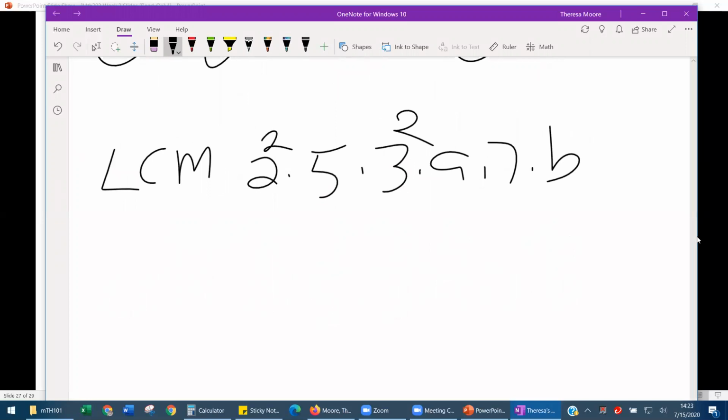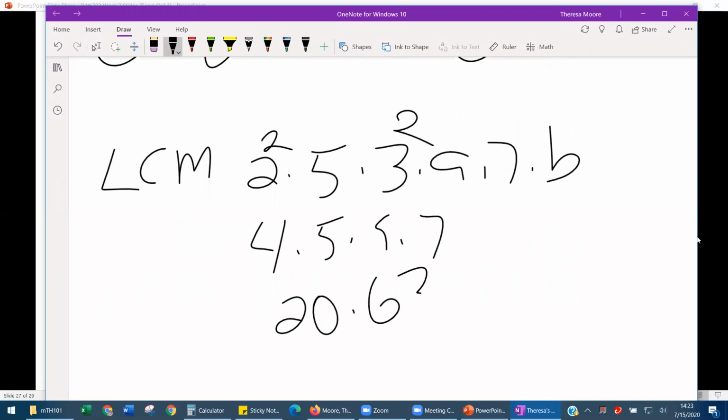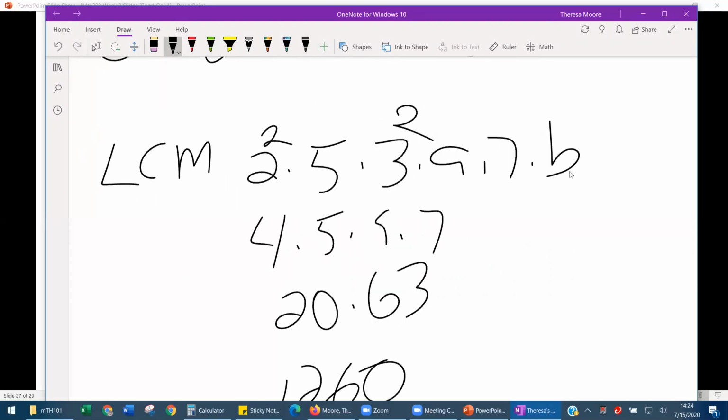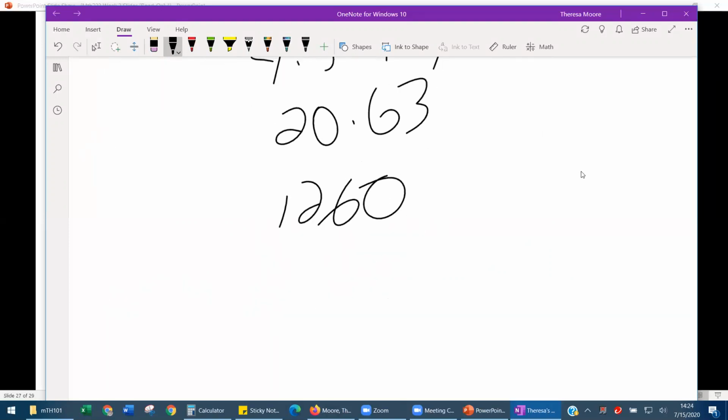If I multiply this out, that's 4 times 5 times 9 times 7. This is 20, and that's 63. So it'd be 1,260, but don't forget your letters, AB.